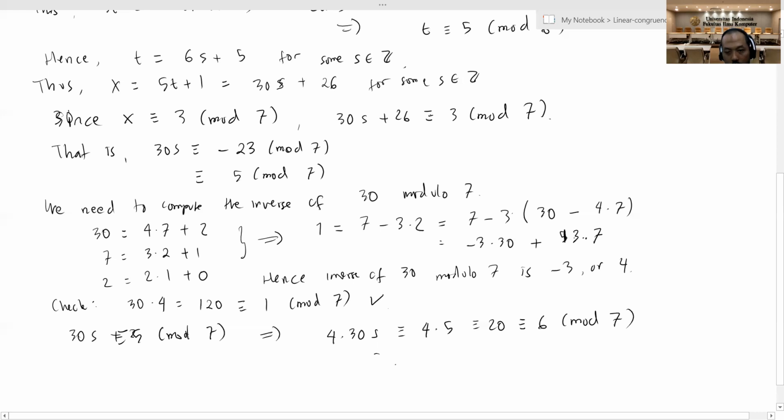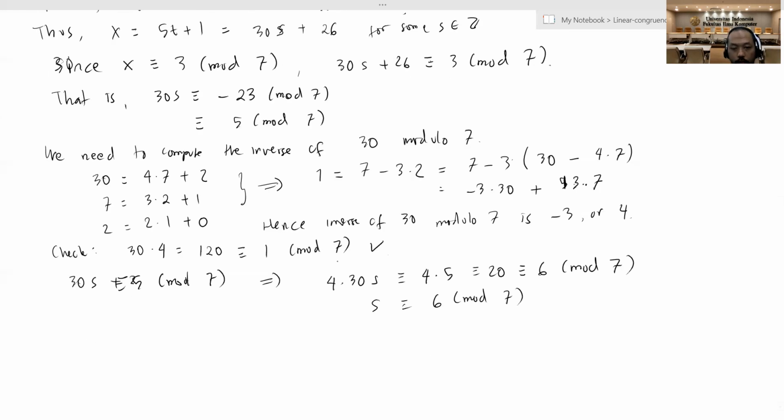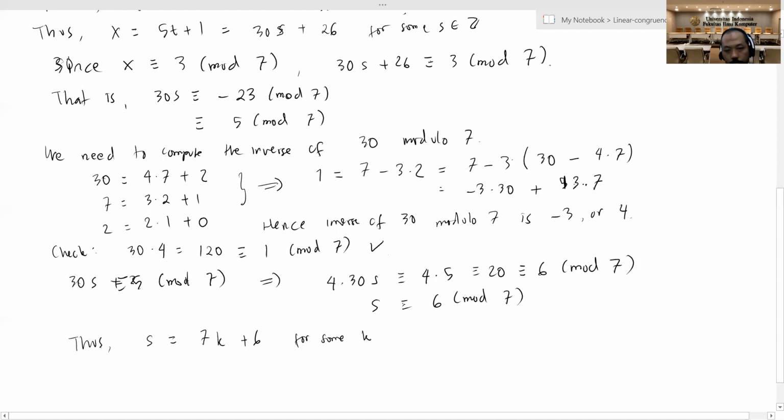And this is s, which is congruent to 6 modulo 7. So we get that s is actually congruent to 6 modulo 7. Now this means s is equal to 7k plus 6, for some integer k.